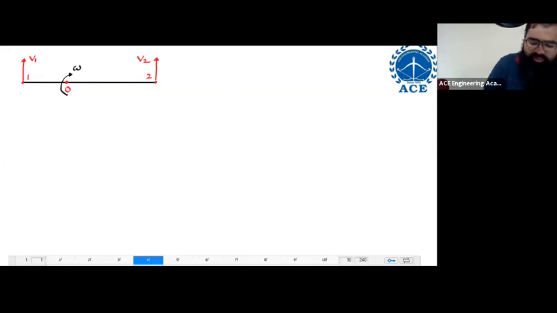Now, because of this omega, what is going to happen? Rotation is this way, so u1 over here and u2 in this direction. Next, relative velocity. I'm showing relative velocity over here like this.